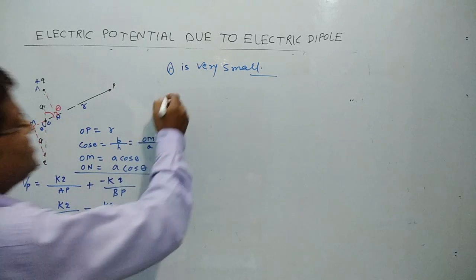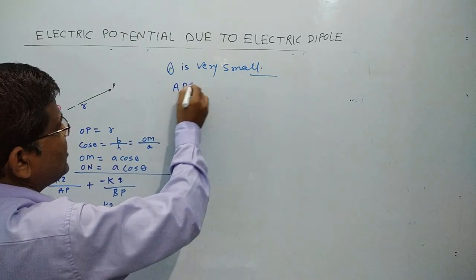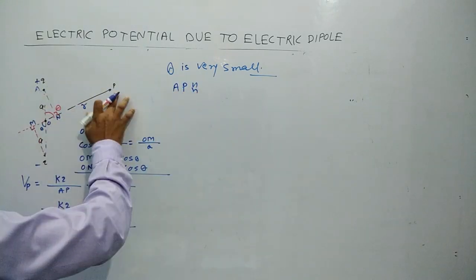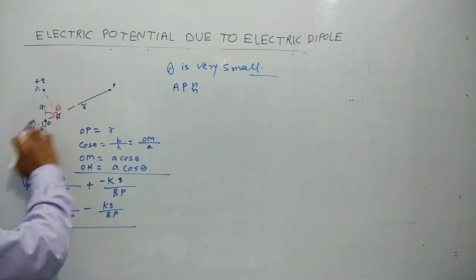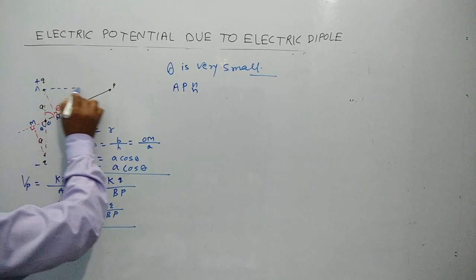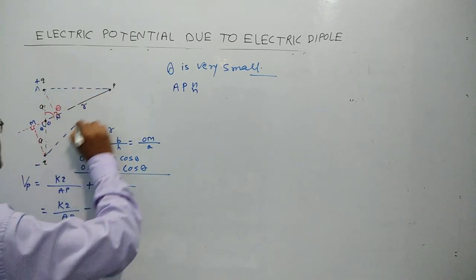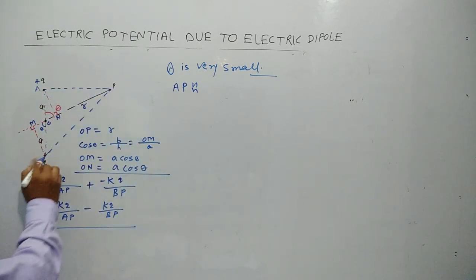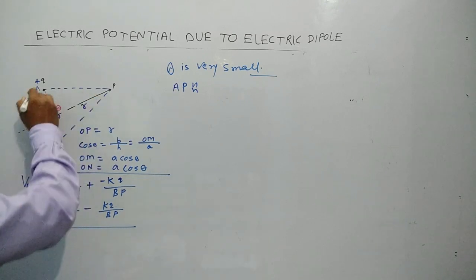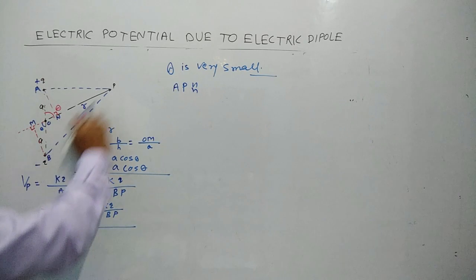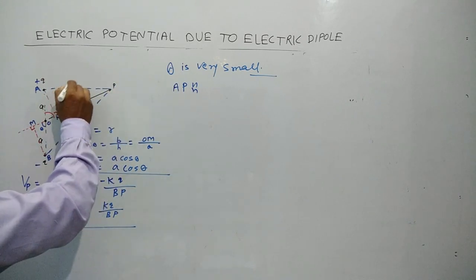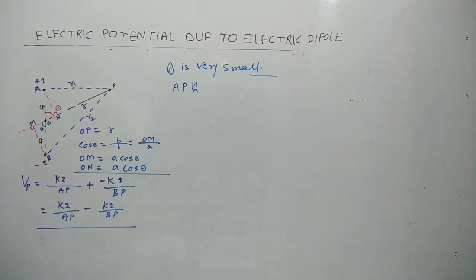And AP is near about this distance. There are two distances: this one is the AP and this one is the BP. AP is from here to here, and BP is from here to here. You just consider R1 and R2 also, as in the previous method.